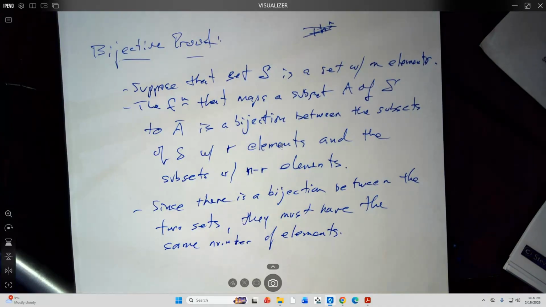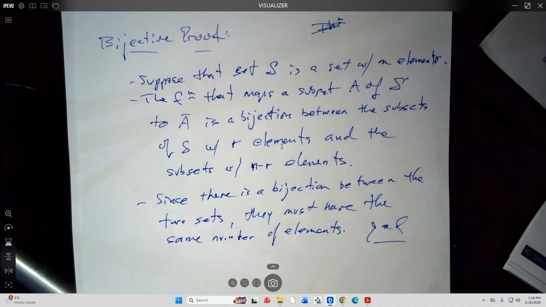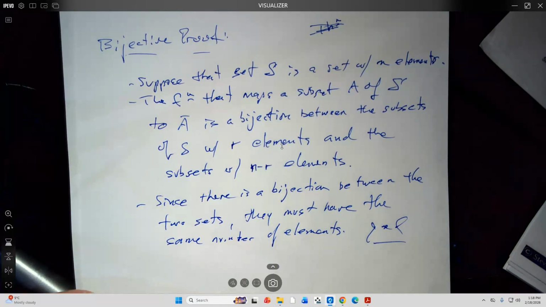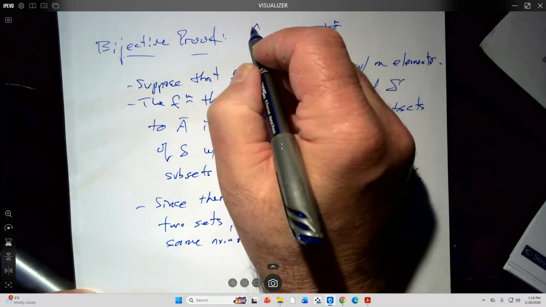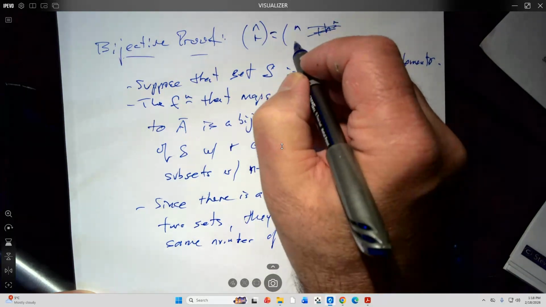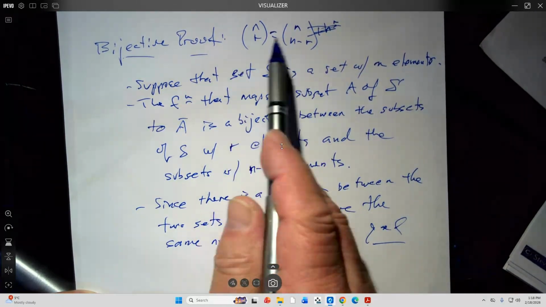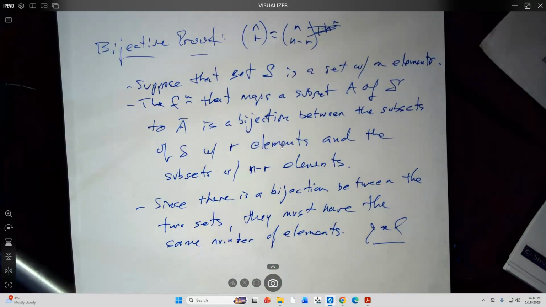Okay, that proves it. QED. Okay, so that's the bijective way of proving the symmetry of these binomial coefficients, that n choose r is the same as n choose n minus r. Okay, so that's what we're proving, that these binomial coefficients are symmetrical about r, n minus r, I should say.